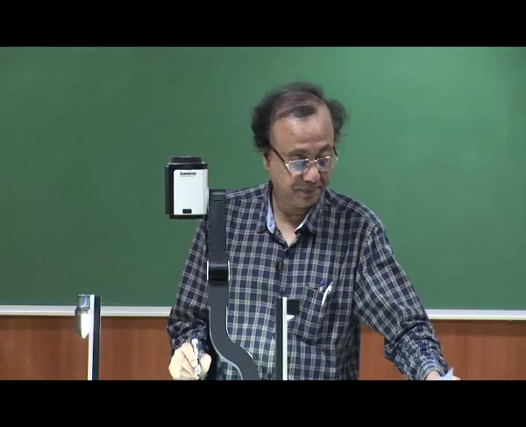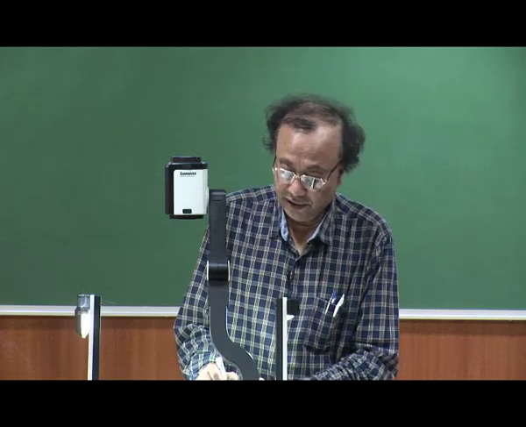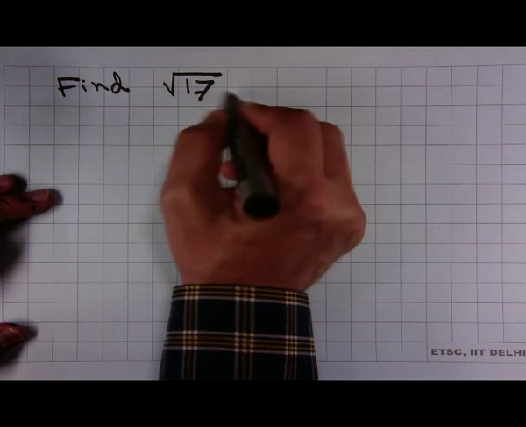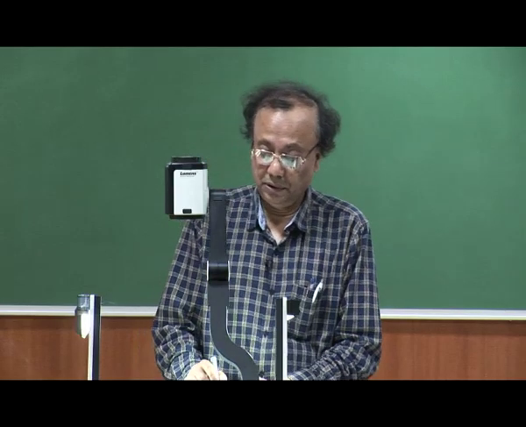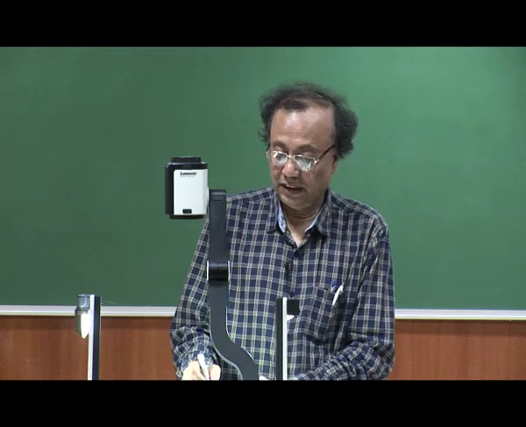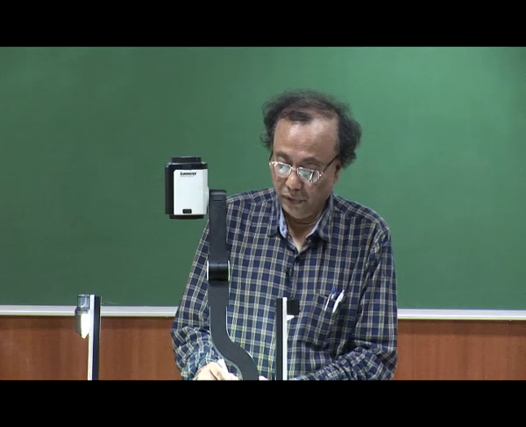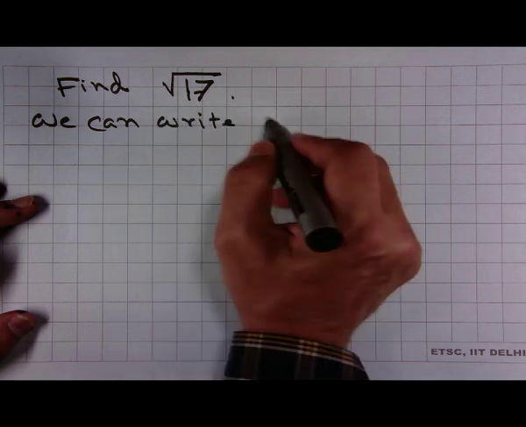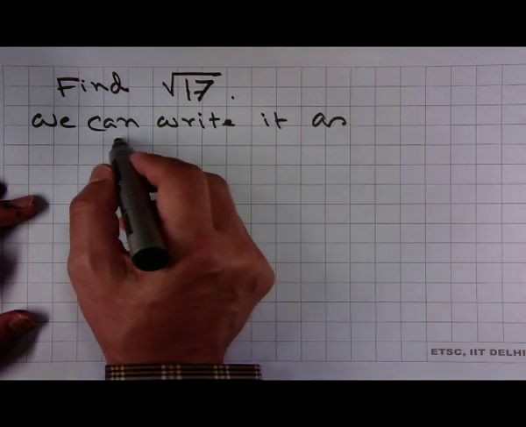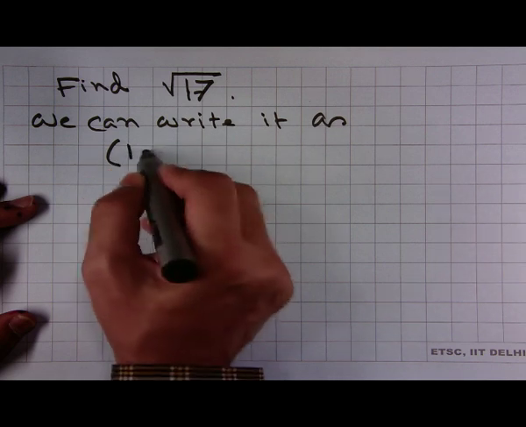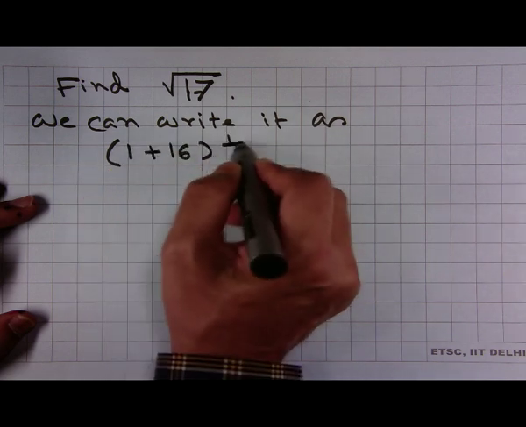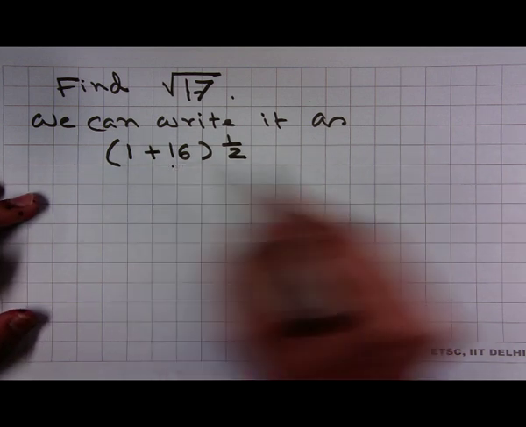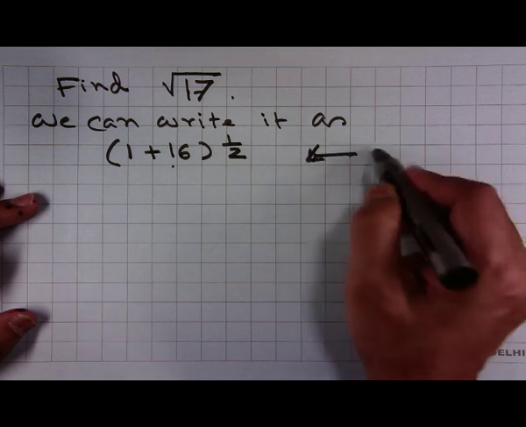Let us apply this. Find root over 17. Suppose we need to find out the square root of 17. We can write it as (1 plus 16) to the power half, but if we write it like that, we are making a mistake.